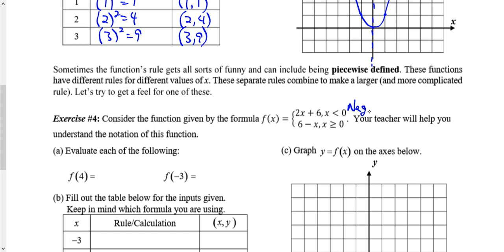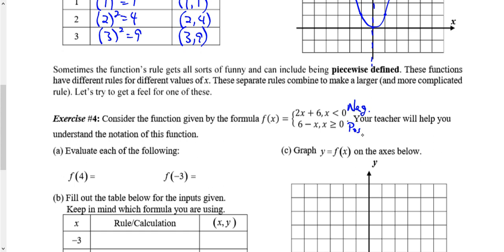And then, once you get to 0, it switches to 6 minus x, for x greater than or equal to 0. Those are positive in this case, right? Now, you've got to pay close attention. Notice in this first interval, x is less than 0 without an equal to sign, and you notice greater than or equal to 0 for the next one.